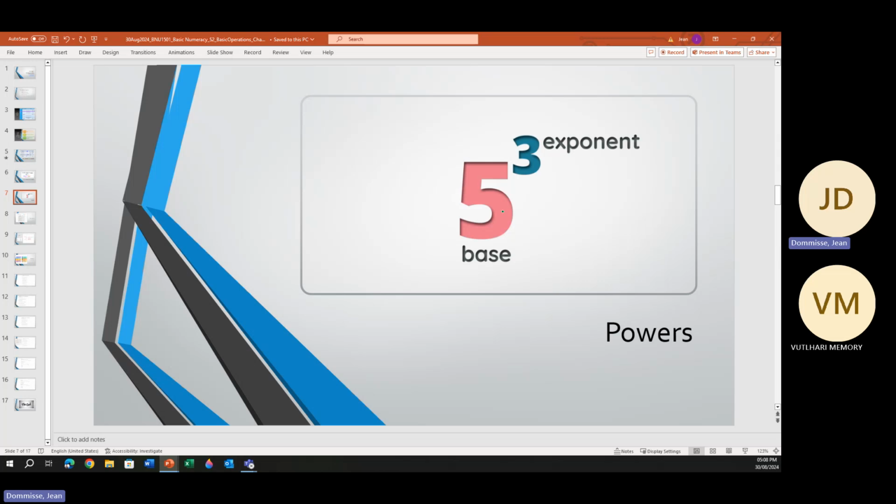And again, it is in the study guide, but when we look at powers, again on the theoretical side, if they ask what the 5 is, we know that's the base, and the 3, the power, is the exponent.